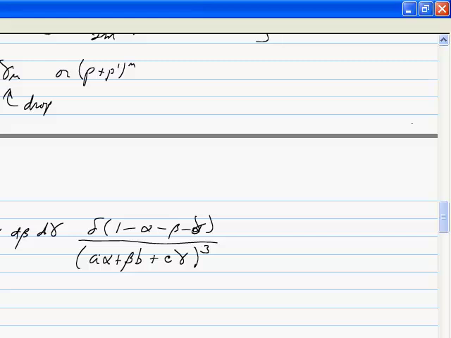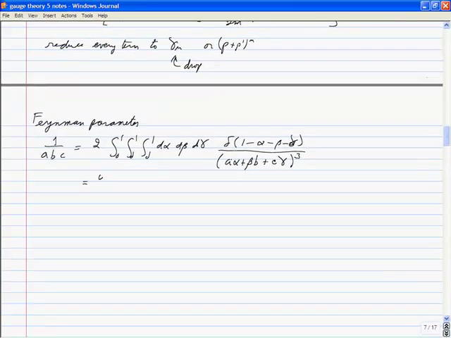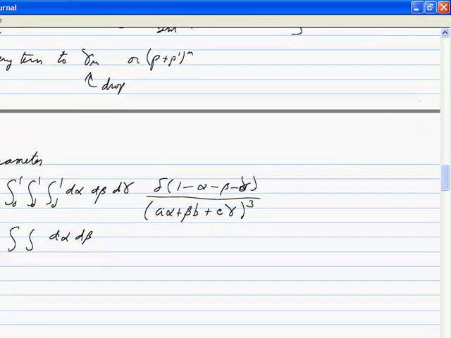So that's this Feynman identity. We'll quickly do the delta function, so this becomes 2 integral d alpha d beta, one over this thing cubed still. Doing the delta function just forces the integral.